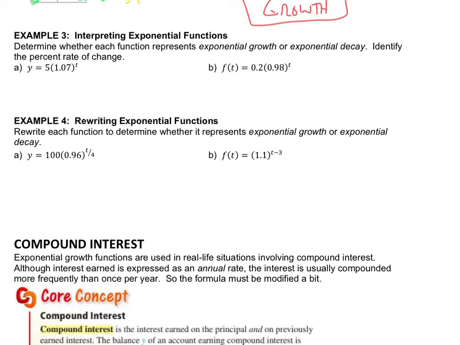So now let's look at deciding whether these functions are exponential growth or decay, and identify the rate of change. Okay? So looking at the first one, if I was to break this apart, it would be 1 plus 0.07 to the t.